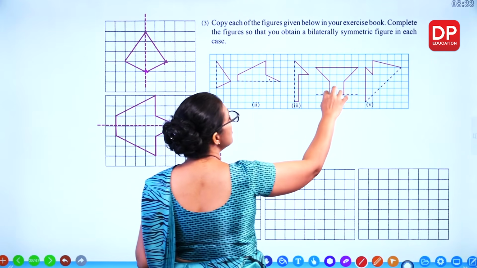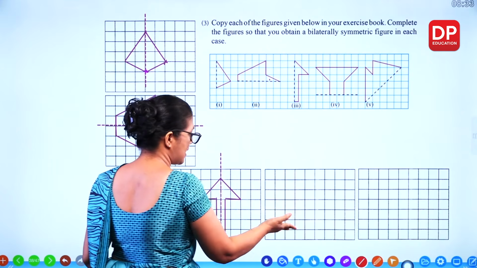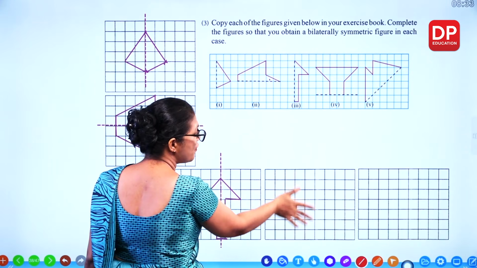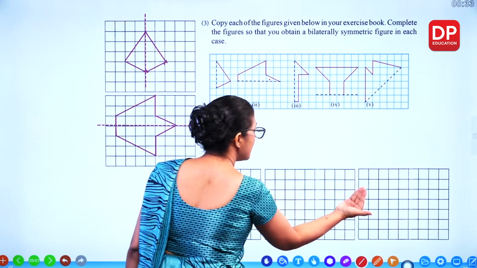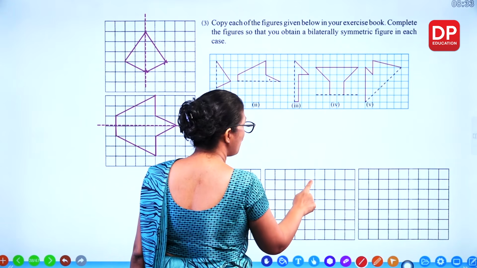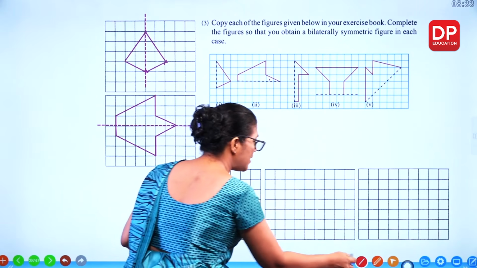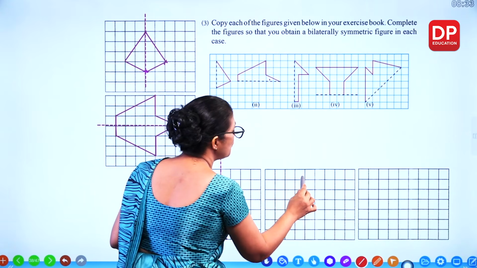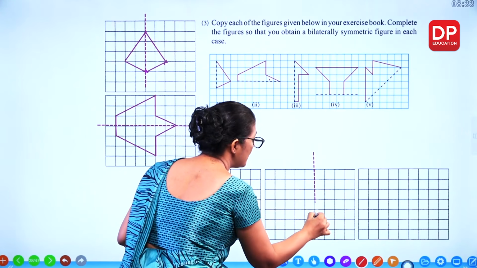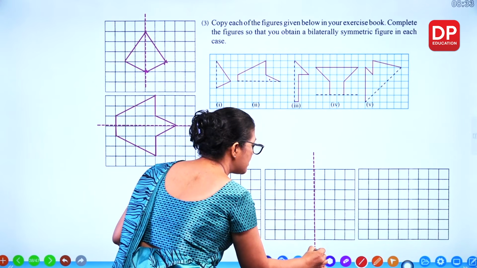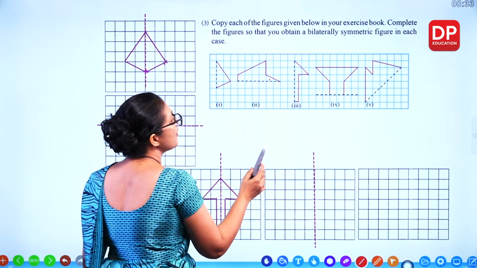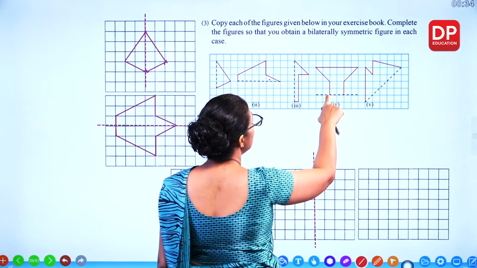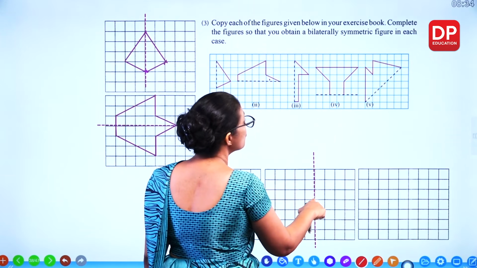Look at the fourth one. So you need 4 squares here, 4 squares there. But here if you can't draw this way, so I'll take this one. 1, 2, 3, 4, 5, 6, 7, 8. Yes, I can draw the figure this way. 1, 2, 3, 4. So I'll draw the axis of symmetry this way. And here we'll take 2 squares here.